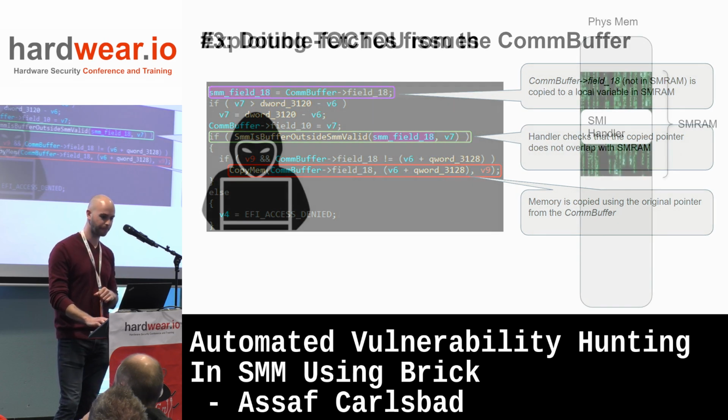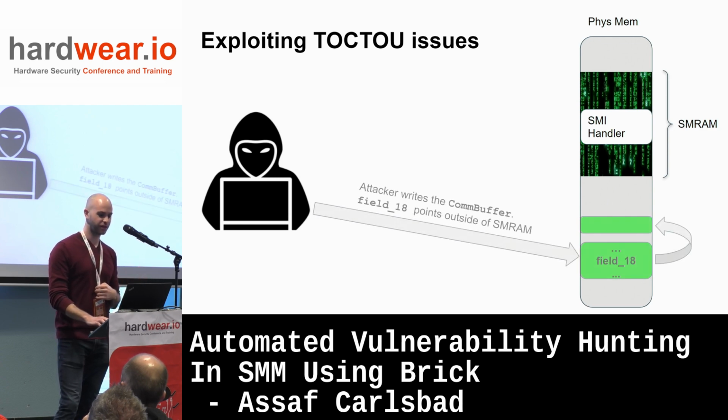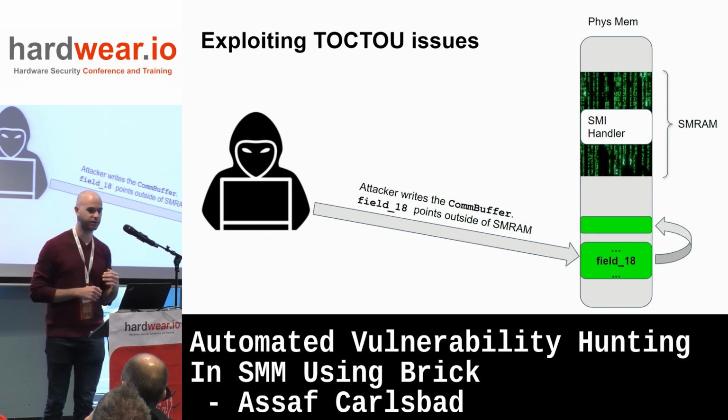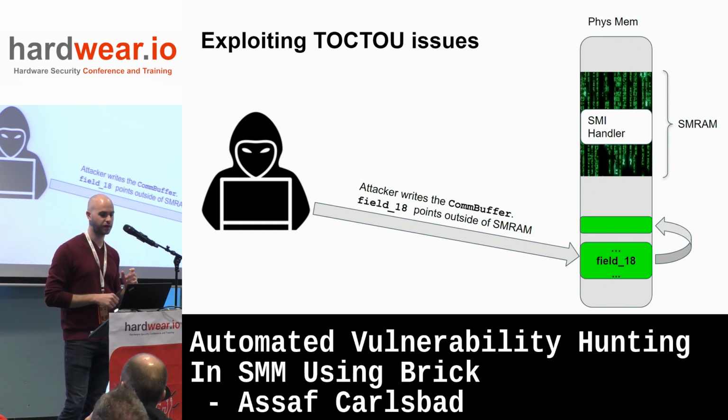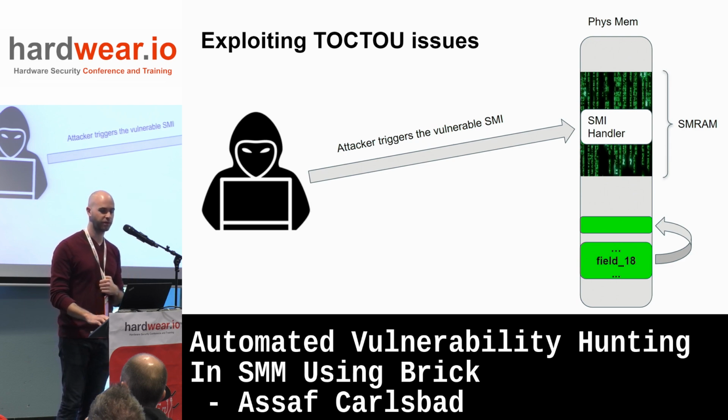So in order to exploit this condition, the attacker would first write the communication buffer to memory, and at this point, the pointer field is safe, meaning that it points to an object outside of SMRAM. And then, just like before, the SMI handler will be invoked.